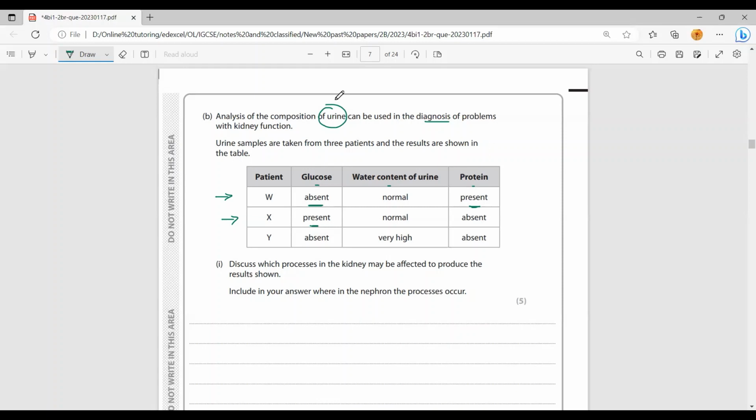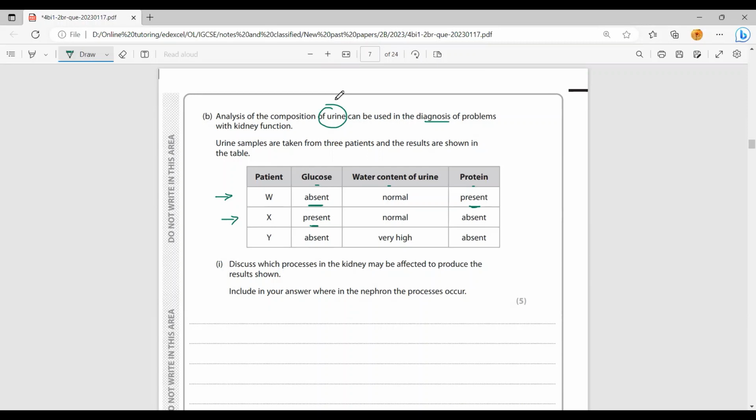Okay, now Y, you tell it. In Y, the water content of urine is very high. Good. There's going to be ADH release. In the collecting duct. And the effect is that the collecting duct here is going to be less permeable.